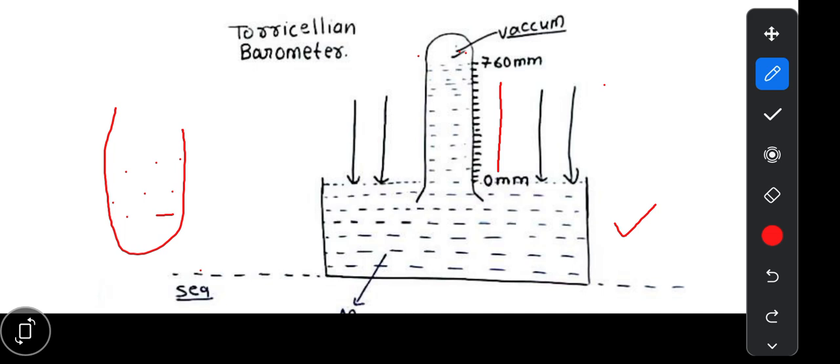Now, how does it work? You have to put that tube upside down into the container. When you put the tube into the container, you can see that the level of the mercury will come down, and there is an empty space present in it. This empty space is known as the vacuum.